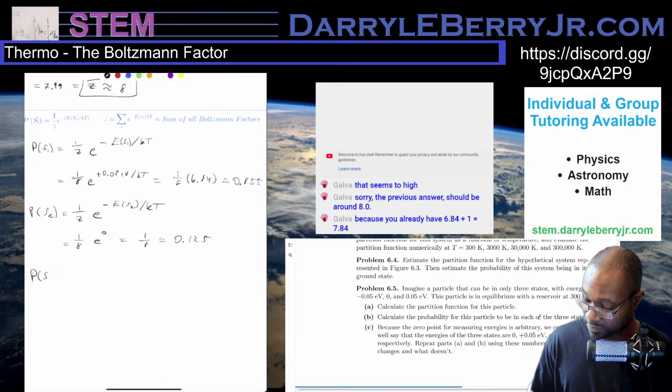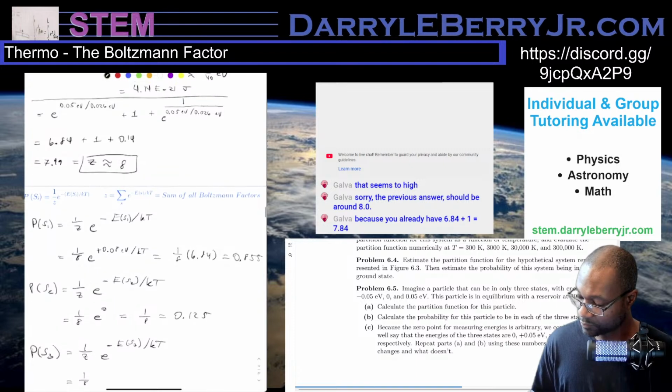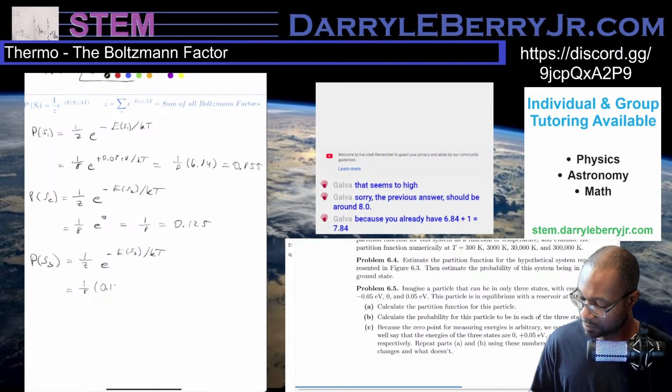And the probability of the particle to be in state 3 is 1 over Z times e to the negative energy of state 3 divided by kT, which I've also calculated, which is 1 over 8 times 0.14, which equals, and I'll use the actual number rather than the one I rounded off, 0.01.